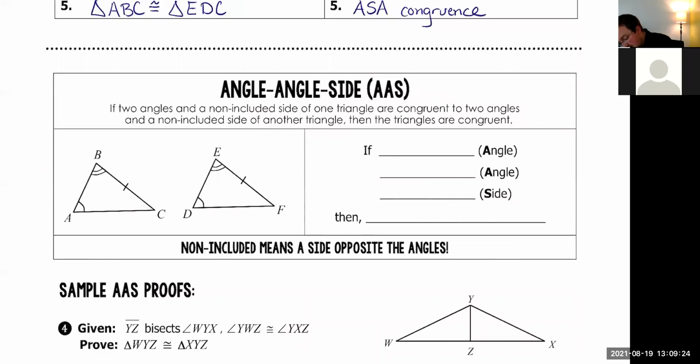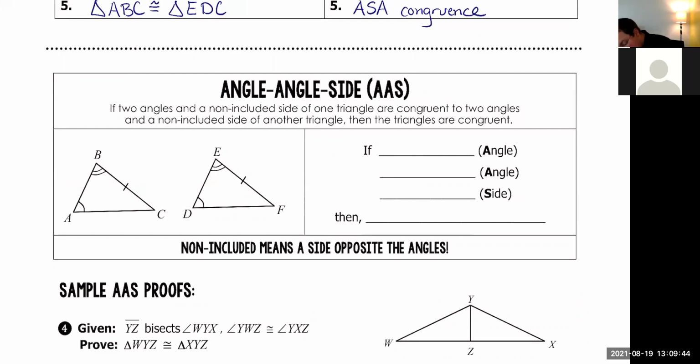So you'll notice in the diagram here, this time the congruent side is not the side between the pair of congruent angles. But that's okay, because this is still enough of a statement to defend that they are in fact congruent.